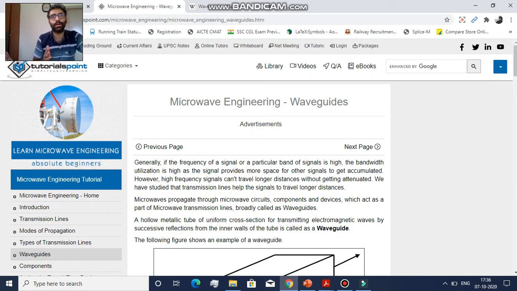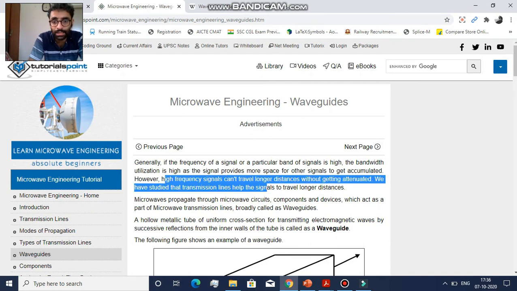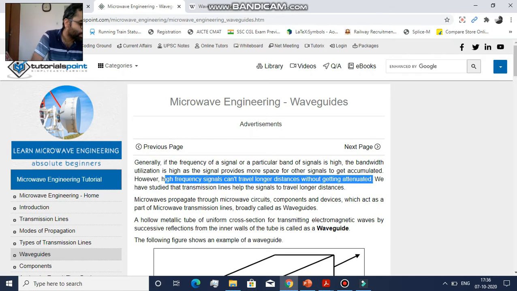In these types of signals with high frequency, the bandwidth utilization is high as the signal provides more space for other signals to get accommodated. And these high frequency signals can't travel longer distances without getting attenuated. So this is something which you should note, that higher frequency signals cannot travel longer distances without getting attenuated.